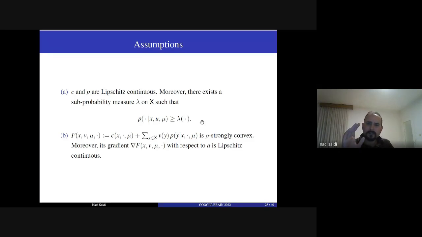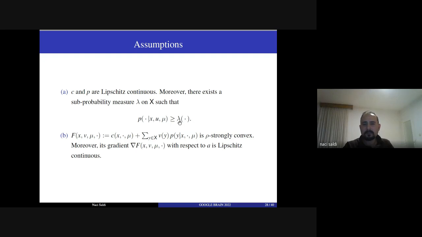So first of all, these are the assumptions that we have for average cost. They are almost the same as the assumptions that we have for discounted cost, but we have an additional assumption on the transition probability. We assume that there is a sub-probability measure lambda on state space X such that our transition probability is lower bounded by this sub-probability measure.